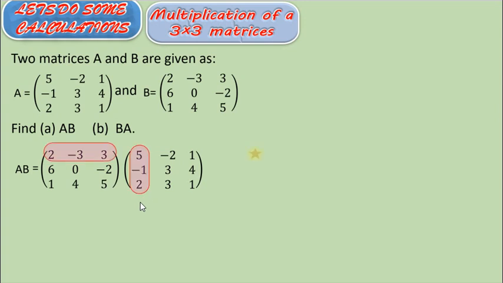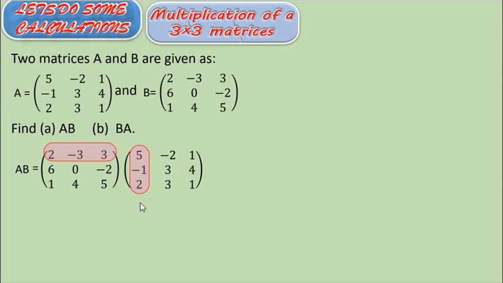In the first video on multiplication, we talked about conformable matrices. Clearly, you can agree with me, these two matrices are conformable. They are 3 by 3, 3 by 3. So the number of columns in A is equal to the number of rows in B.